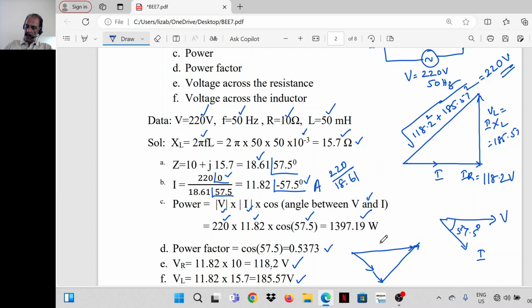So this is the resultant voltage V, which is equal to 220. This is I, this is I into R, 118.2, and this is I into XL, 185.57. This is the power factor angle phi, that is 57.5 degrees. Either way we can draw it.